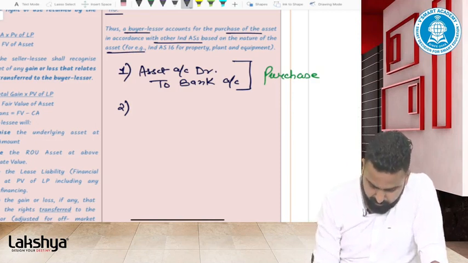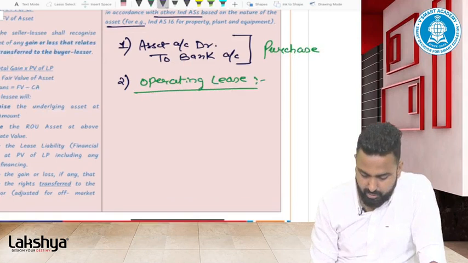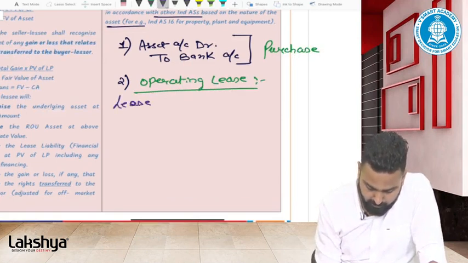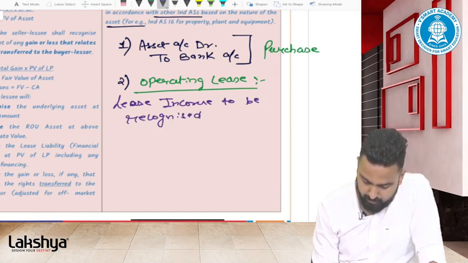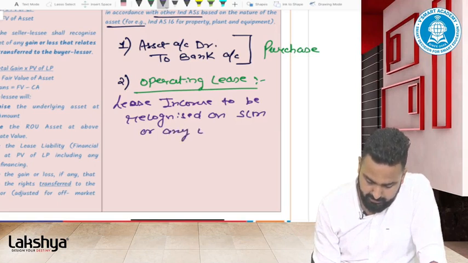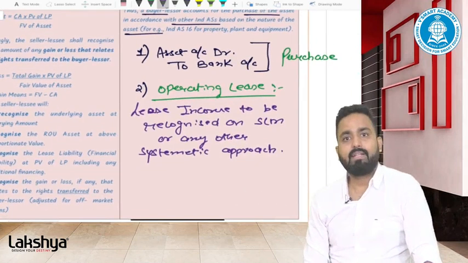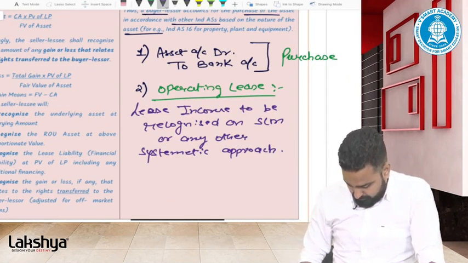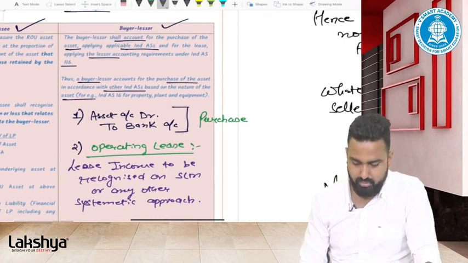Second one, operating lease: lease income to be booked, to be recognized on SLM or any other systematic approach. Clear? Okay.